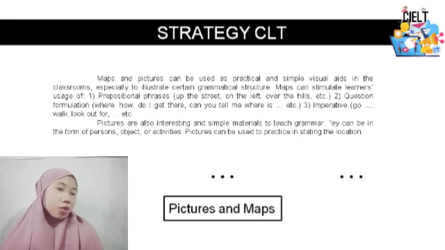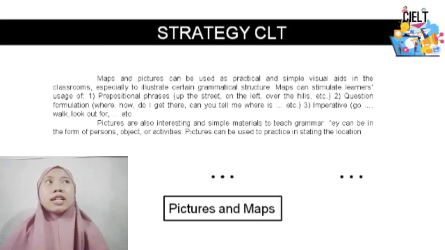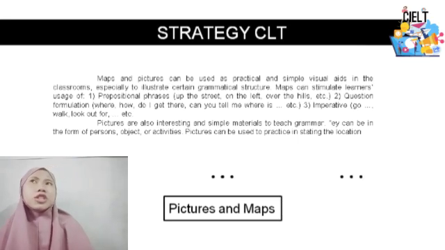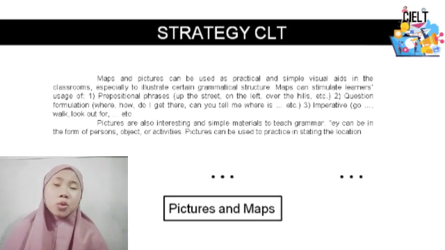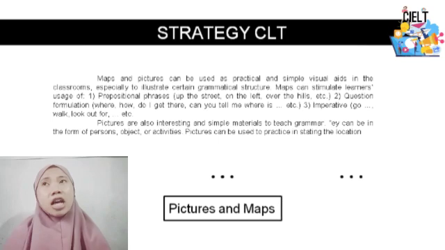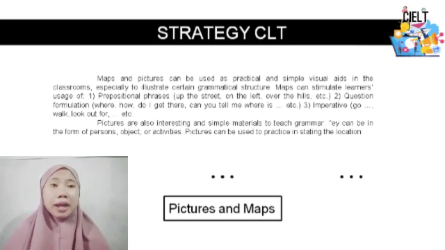Maybe in junior high school or elementary school, I think using pictures and maps is important, and people like pictures and maps because of the grade, and children like pictures, maps, and games.